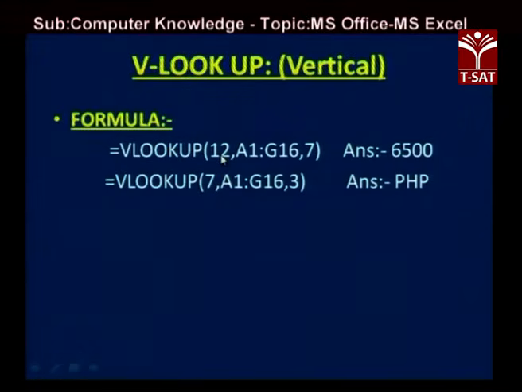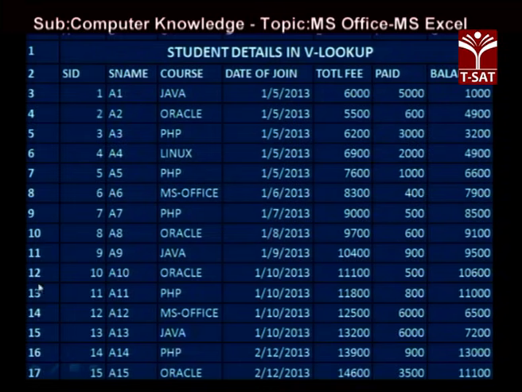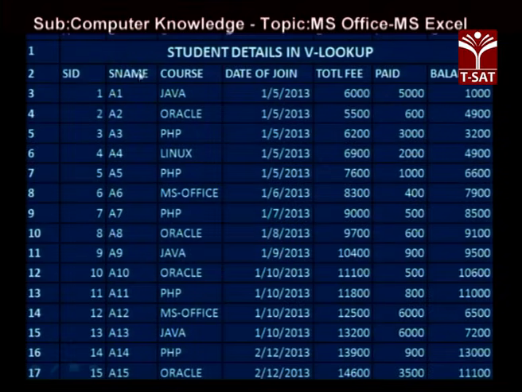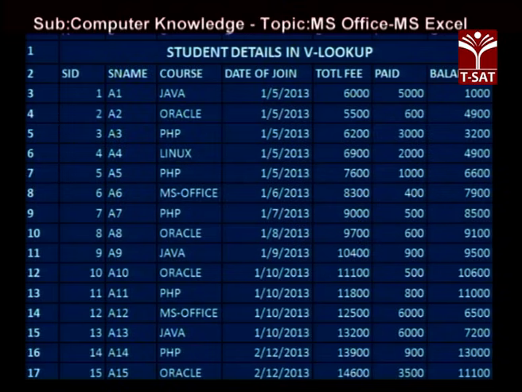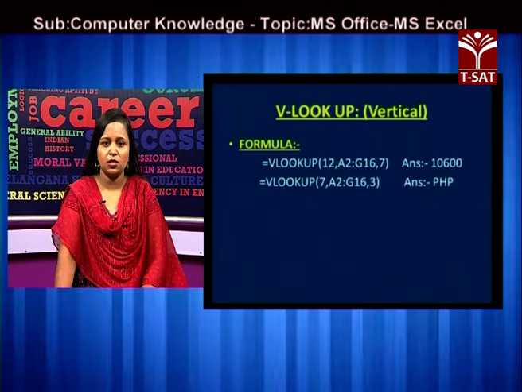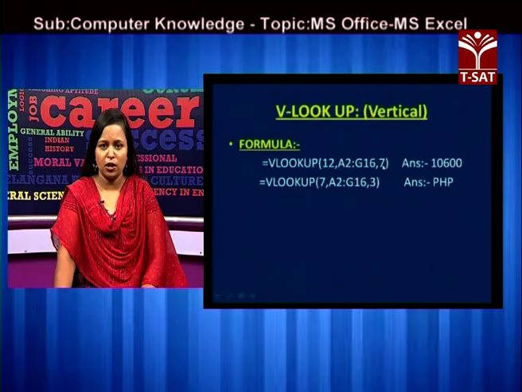12 is the vertical number, and 7 is the column: 1, 2, 3, 4, 5, 6, 7. The balance amount we have to find out. Now we have to calculate the VLOOKUP. The VLOOKUP formula starts with equals to VLOOKUP, this is the 12, the lookup number, and A2 to G17 is the table range, and 7 is the column.